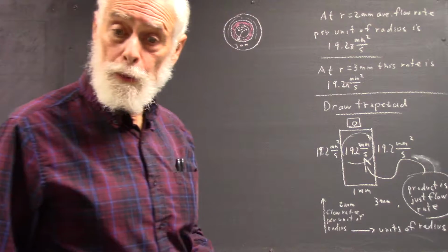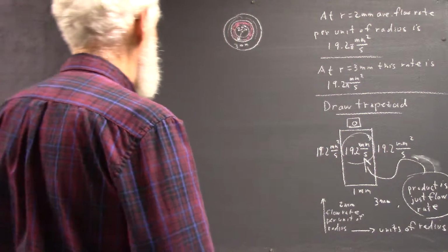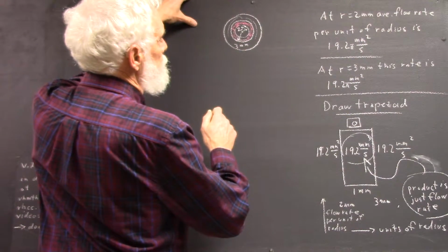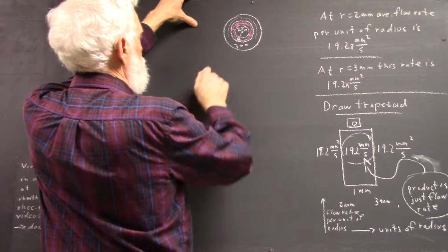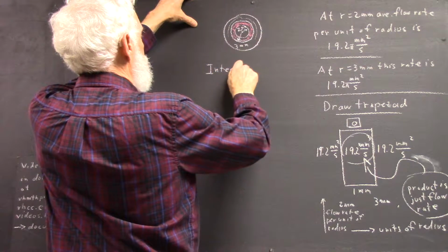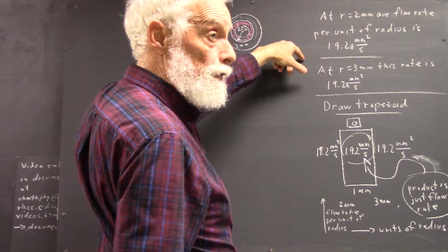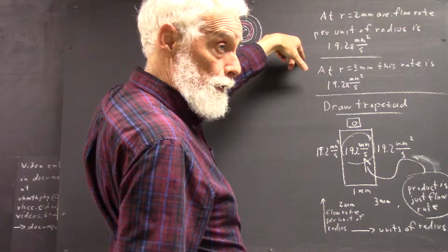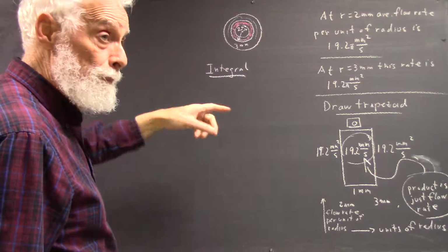It's fairly straightforward to figure out what the integral would be once you understand all this, if you figure out this flow rate function as a function of R. We might actually do that next time.